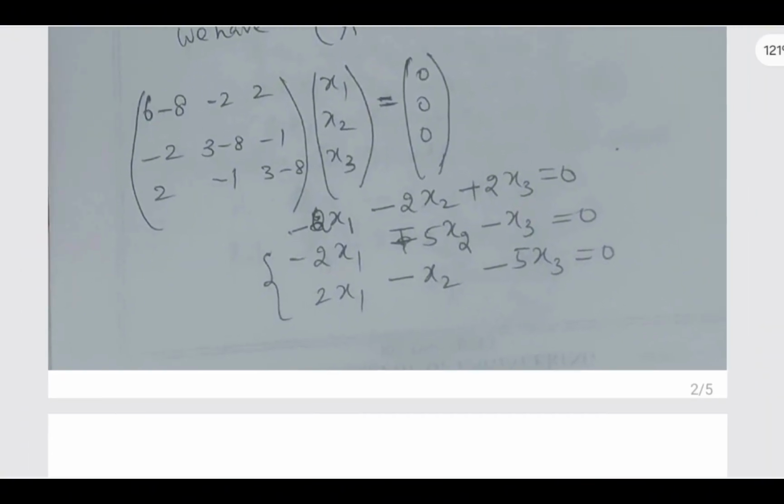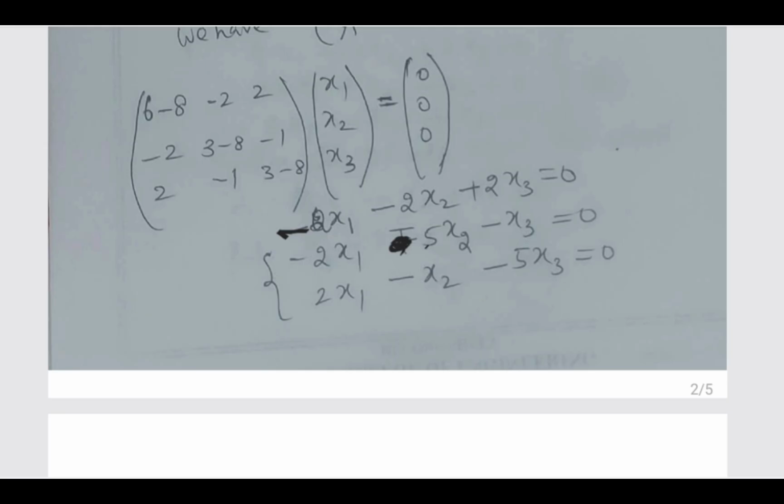I have written all the equations: minus 2x1 plus 2 minus 2x2 plus 2x3, minus 2x1 minus 5x2 minus x3, 2x1 minus x2 minus 5x3 is equal to 0.